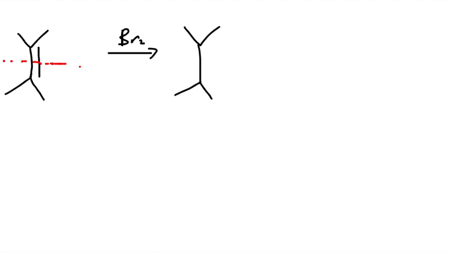So this means that this will only have one product, right? And so the bromine would come over here, and the other bromine would be over here. Also, you can tell that these carbons are not chiral centers because they don't have four different groups. So in fact, there is no wedge or dash for this. It's just a straight line, and it only has one product.